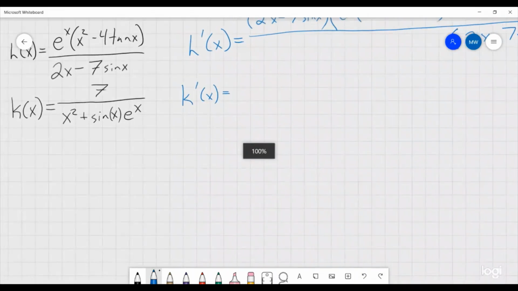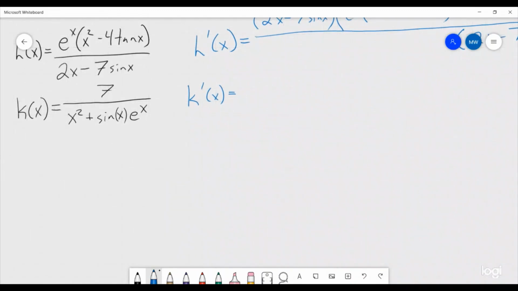Well, we got to follow the quotient rule again. So we got low d high. That's going to be x squared plus sine x e to the x times the derivative of the top. Well, the derivative of 7 is 0. So low d high just goes to 0. Wonderful. But then we still have a minus high d low times the derivative of the bottom. Well, the derivative of x squared is 2x. But then sine x e to the x, that's going to be a product rule.